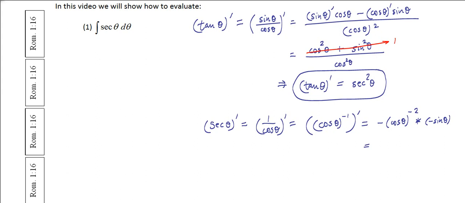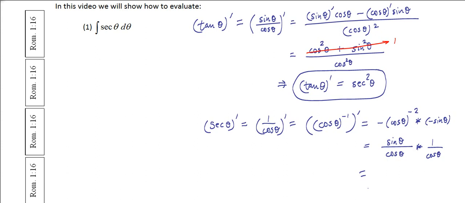And so you find that a minus times a minus is plus, so we get sine of theta over cos squared theta, which I can write as sine theta over cos theta, times 1 over cos theta.